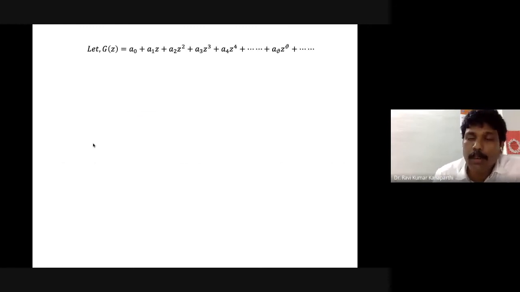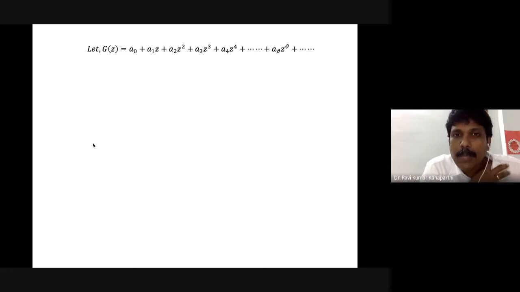It is by the power series method. When you don't know something, this is the best method you can adopt to find the solution. So g of z may be thought of as an infinite power series in terms of z, a linear combination of these series.